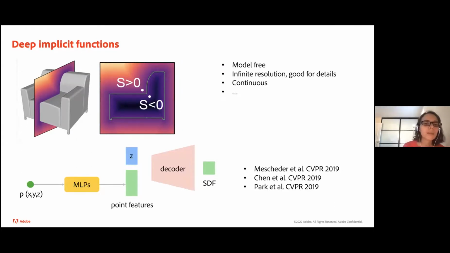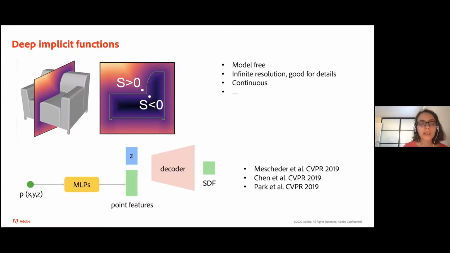One common workflow has been, given some feature vector z that represents your object, and some sampled point xyz in 3D space, usually people train multi-layer perceptrons that can extract some features from the point, and then given the features of the object, you try to predict the signed distance function of that point.